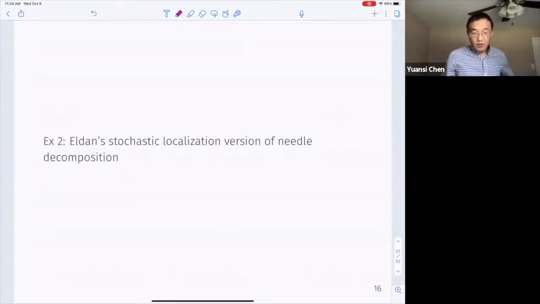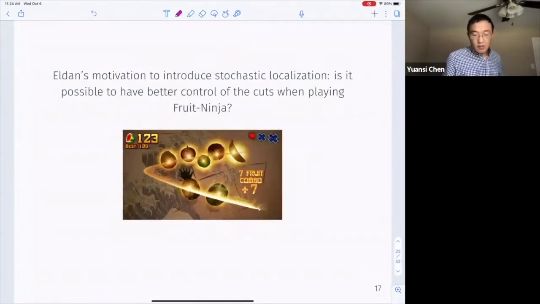So let's get to the second example, Eldan's stochastic localization, as an alternative to the needle decomposition. Eldan's stochastic localization can be seen as a generalization of this kind of localization technique. The question Eldan was trying to ask, from some of his slides back in 2013, is: can we get better control of the cuts when we cut the densities?